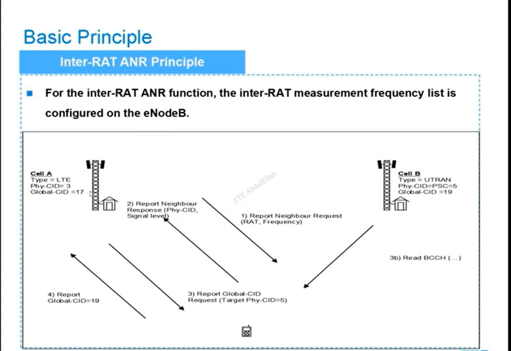The serving cell will set the ANR function and set the status. It will let the UE report neighbor measurement commands, and later the UE finds a neighbor cell. It will report to the serving cell A, and serving cell A finds this PCI is unknown.